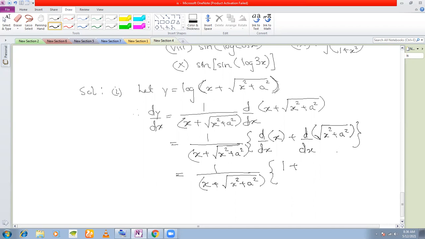Now how do you differentiate root x square plus a square? Again by chain rule. First you have a radical, so you differentiate the radical. What is the d/dx of root x? It is 1 by 2 root x.